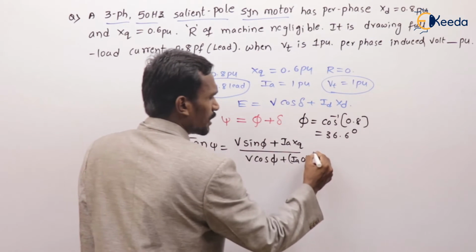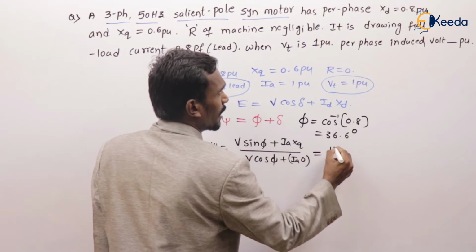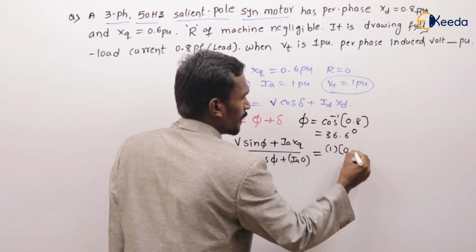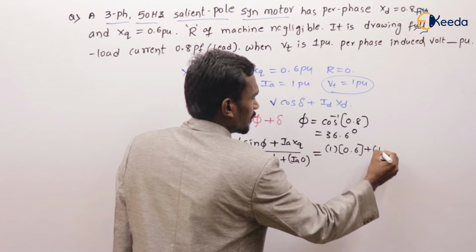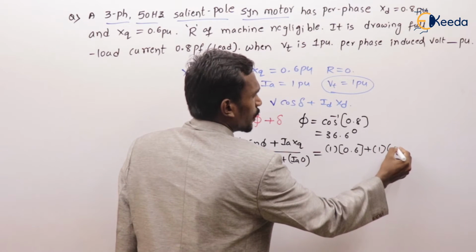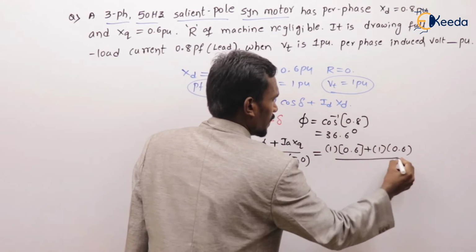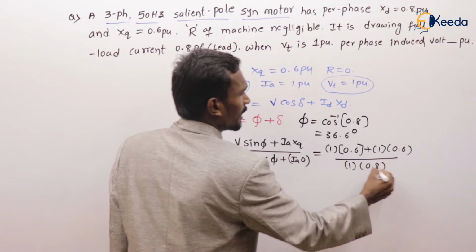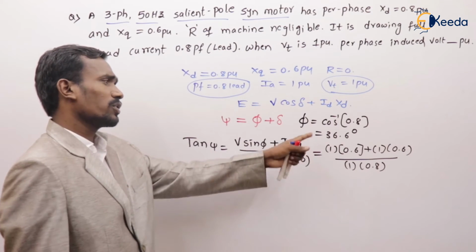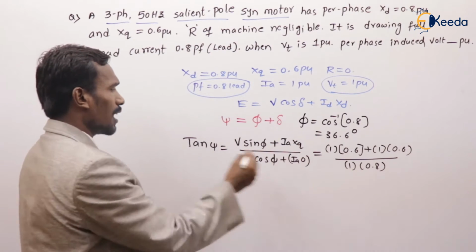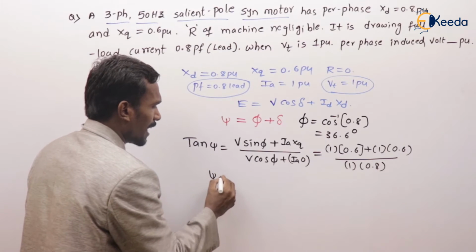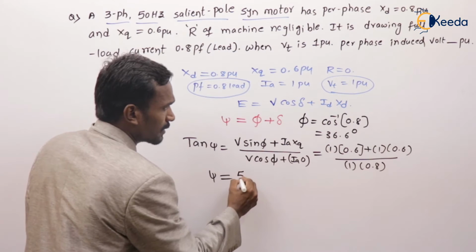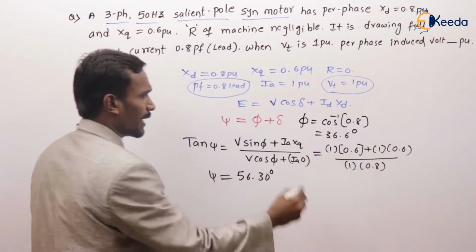Now calculate this value: V is 1 per unit, into sin phi, plus 1 into Xq 0.6, divided by 1 into cos phi 0.8. If you solve this, you can get the psi value, 56.30 degrees.